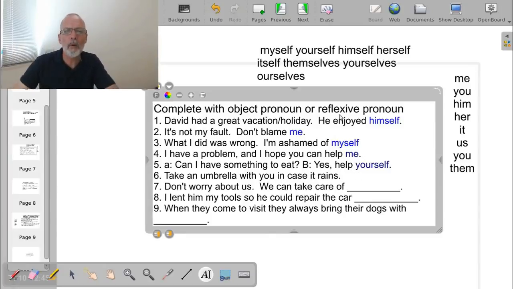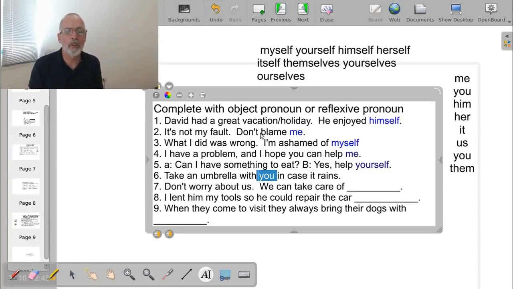And I think probably this could be like an exception to the rule. Take an umbrella, yeah, because you are the person who is taking the umbrella and you're going to take it with yourself. So if we follow the rule, this one should be take an umbrella with yourself, because you are the subject, the thing that is taking the umbrella, and you are taking it with you.